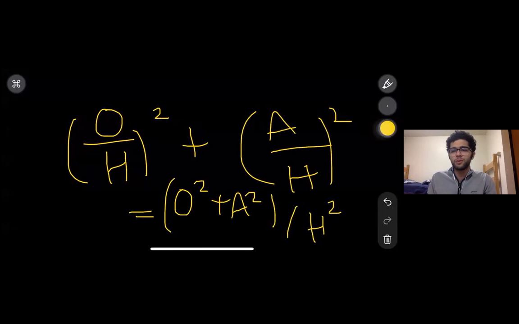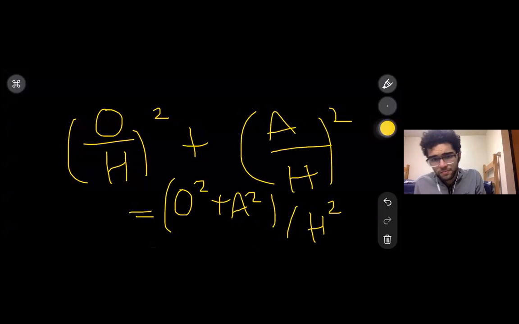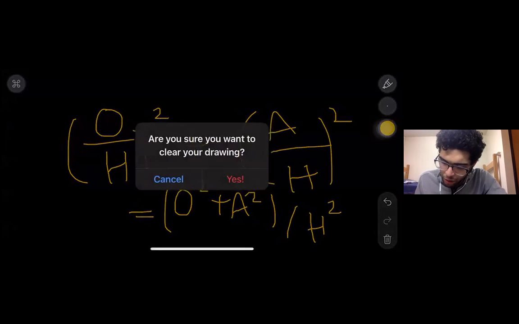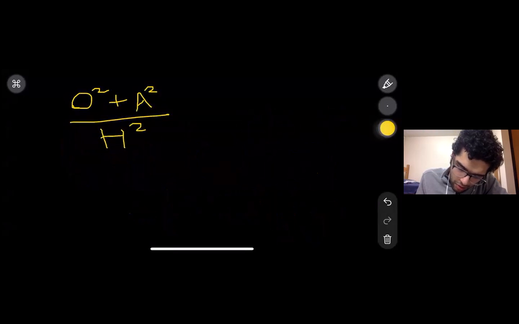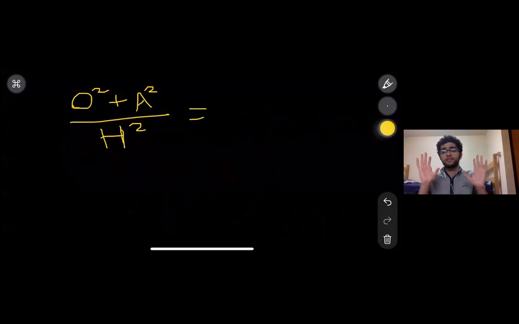Just by using simple algebra, because the common denominator is h squared. So we have o squared and a squared being added together. Okay, so far so good. So let me write that properly. We have o squared plus a squared divided by h squared. This is what we have. This is just the simplification of sine squared plus cos squared.